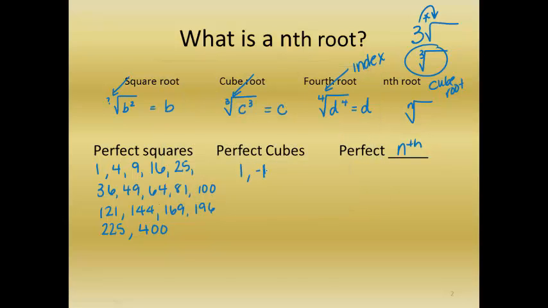So we can think of, because -1 times -1 times -1 is -1. 8 is a perfect cube, 2, 2, and 2, but then so is -8. So I'm going to stop writing the opposites, but we have to recognize that opposites are actually perfect cubes. That doesn't work for perfect squares because it's an even exponent, but it does work for perfect cubes.